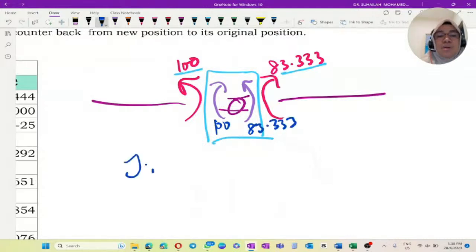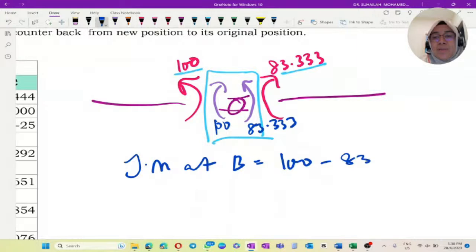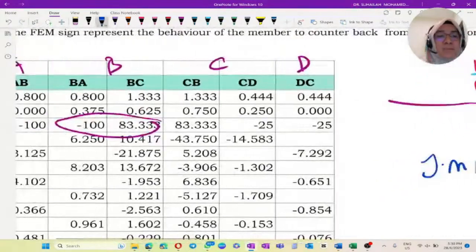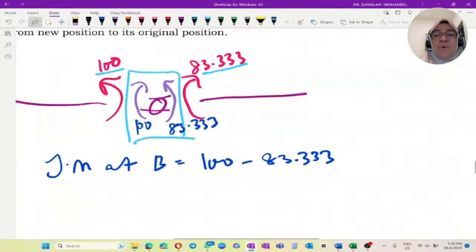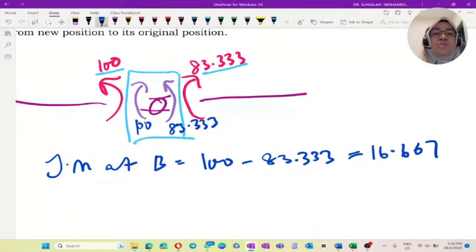The joint moment at B is 100 minus 83.333. We get a positive value, so it is equal to 16.667 for the joint moment. Then only we distribute.